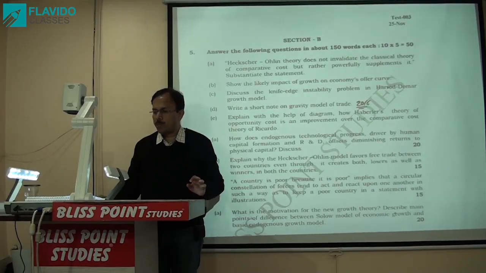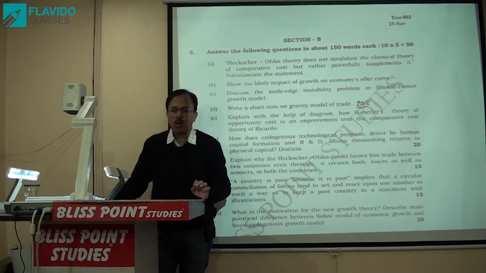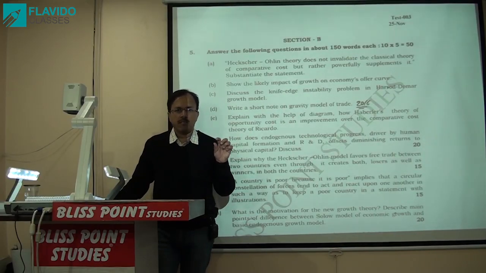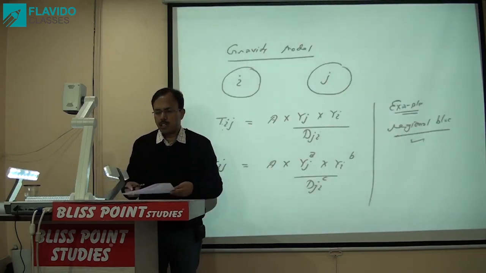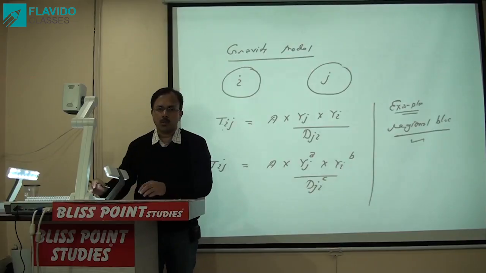So when you explain impact of growth on offer curve, just in the first paragraph explain what is offer curve. So the offer curve explains the relationship between what? Any offer curve represents what? How much you have to import for a given export, for a given export at different price ratios.